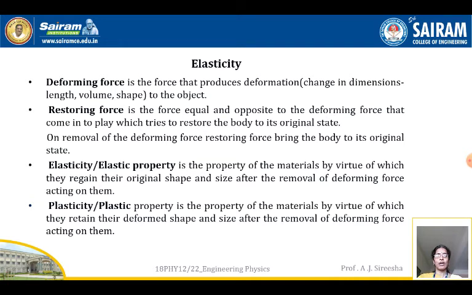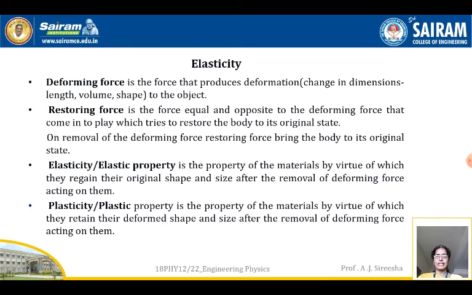On removal of the force, it comes back to the original shape. So this property of materials by virtue of which they regain their original shape and size after the removal of the deforming force is called elastic property, or the phenomenon of elasticity.